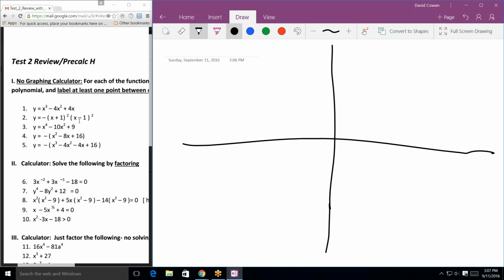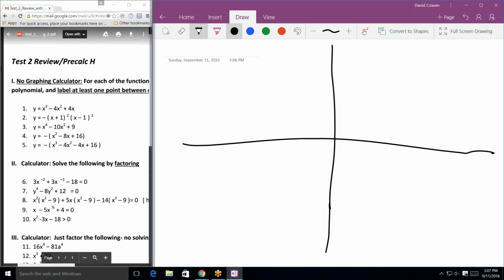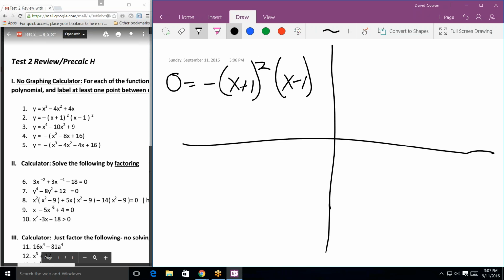Well, the x-intercepts are where y equals 0, correct? Yeah. So I have 0 equals minus x plus 1 squared times x minus 1 squared. Now I can divide both sides by -1 to get that.